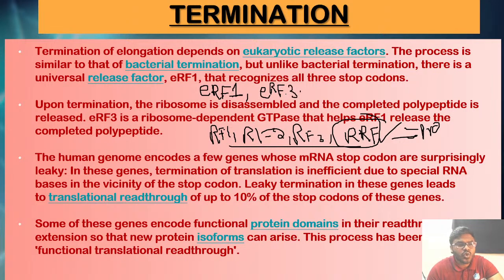These are the two major releasing and termination factors. Please listen to my statements carefully. eRF3 acts exactly like an RRF, the ribosome recycling factor, which is involved in the dissociation of the ribosome.